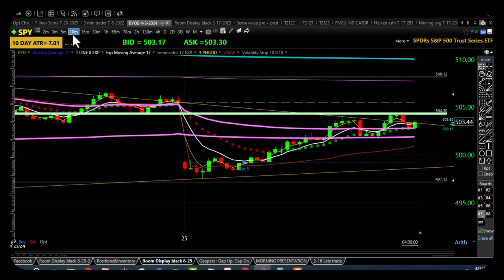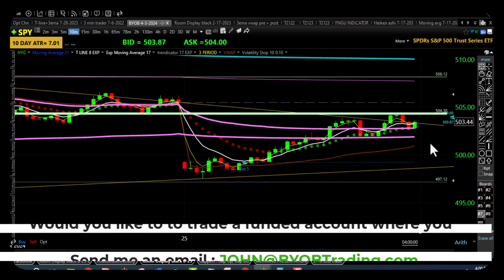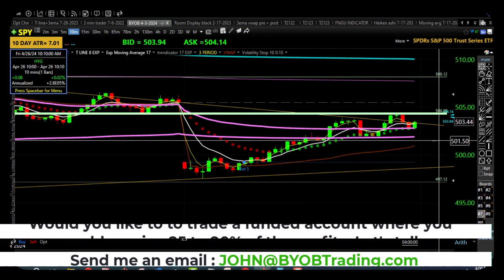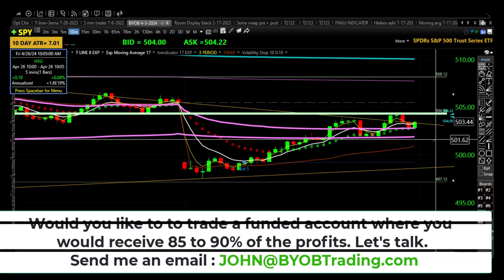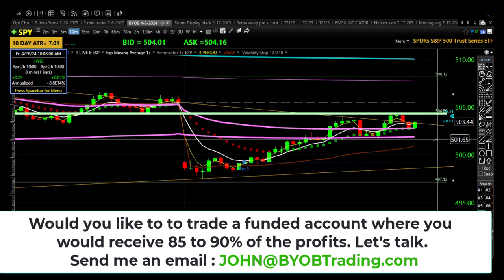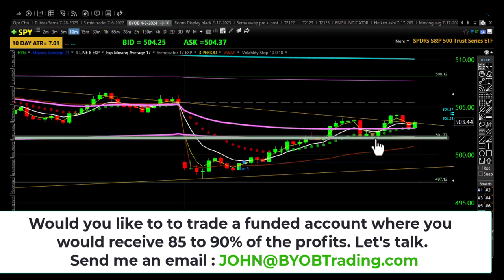On the 10-minute pivot, where did price action seem to find some confluence or common ground? I'm going to say right here, 501.62, right about there, 501.65. That's going to be our pivot, so I'll put that right there, 501.65. That's for tomorrow morning.